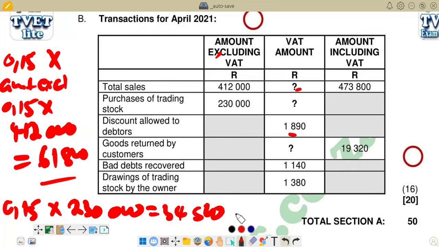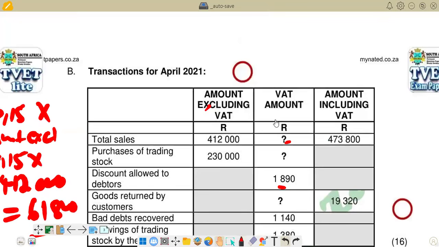We can just use proportion, whereby we make the representation on top of the table. The amount excluding VAT represents 100%. Then the VAT amount is 15%. Then the amount including VAT is 100% plus 15, and you get 115%.